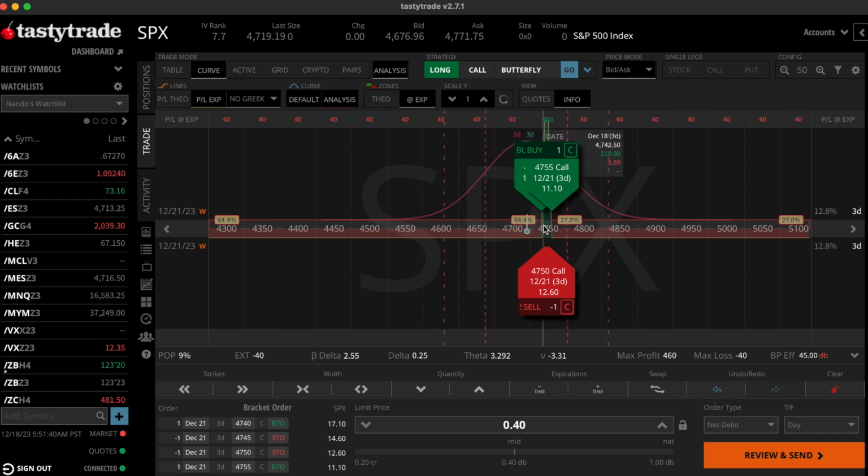And I'd have the potential profit of maxing out on this condor if prices land between 47.45 and 47.50, because then I'd make max profit on the long call vertical, and I would receive full credit, max profit basically, on the short call vertical.